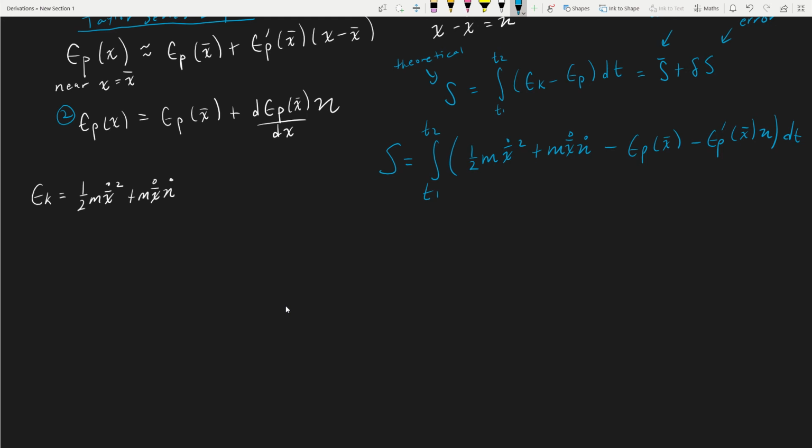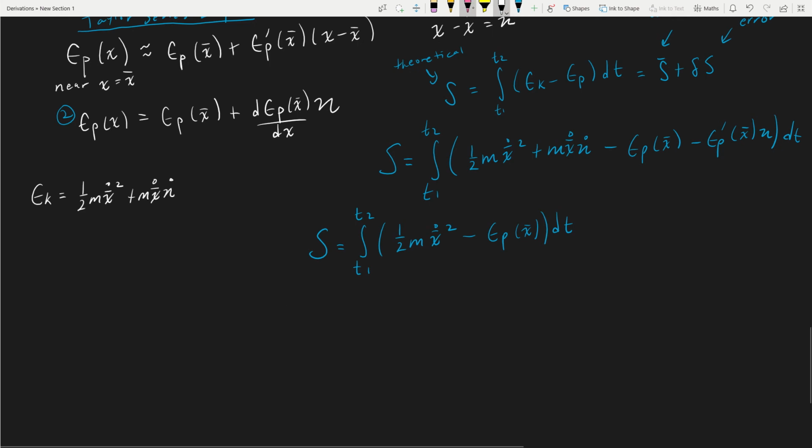All right, if we do a little bit of rearranging here, we're going to notice something. If we split this up into two integrals and bring together like terms, we're going to get half m x bar dot squared minus EP at x bar. That's one term.